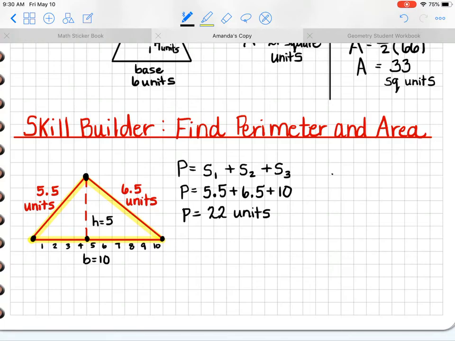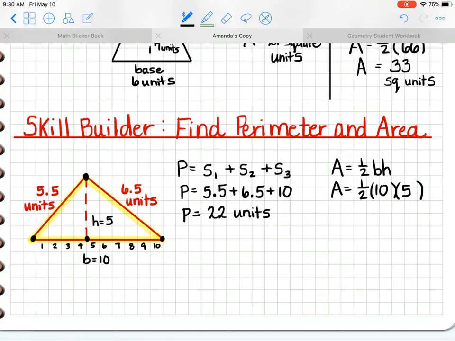Okay, the area formula is a little more complicated because remember it will always involve the fraction 1/2. So area is 1/2, and I'm putting a pocket for base and a pocket for height. And the base is 10, the height is 5. Okay.